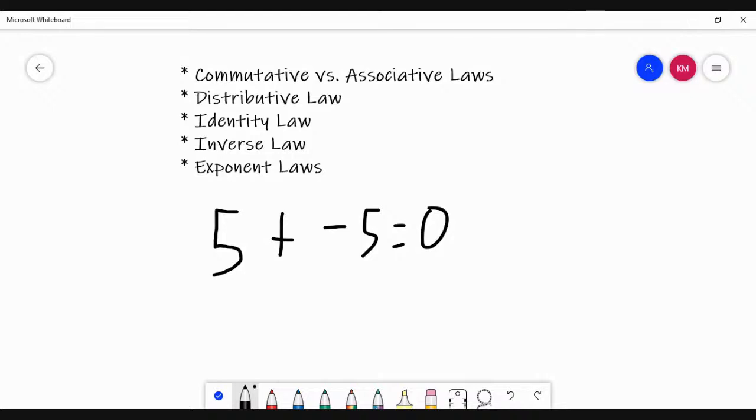As you can see, when we dealt with identity, it gave you 5 plus 0 equals 5. Now, how did they come up with the inverse law, which basically looks like you're dividing and subtracting, the inverse law of addition and the inverse law of multiplication.